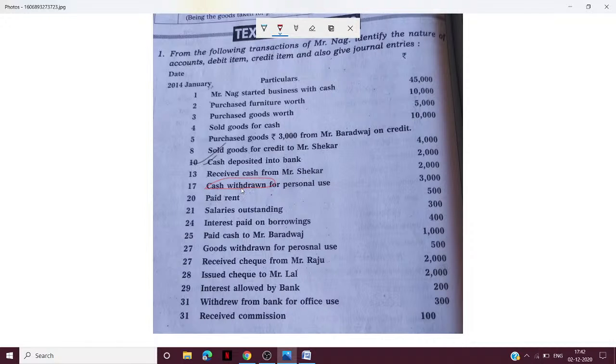See, cash is withdrawn means cash is going out. Withdrawals for personal use is coming in. We should learn from the business perspective, not from ourselves. So for the business, cash is going out, drawings is coming in.